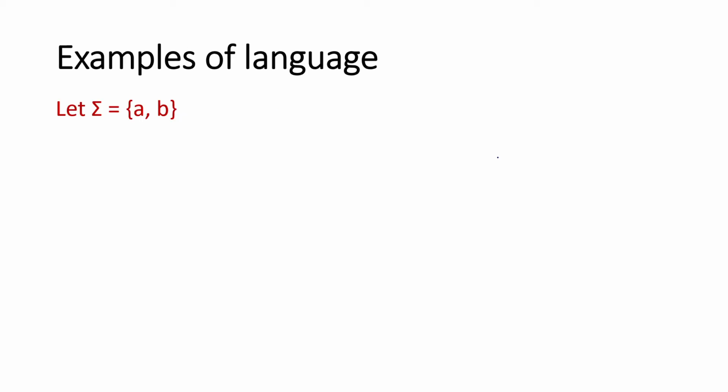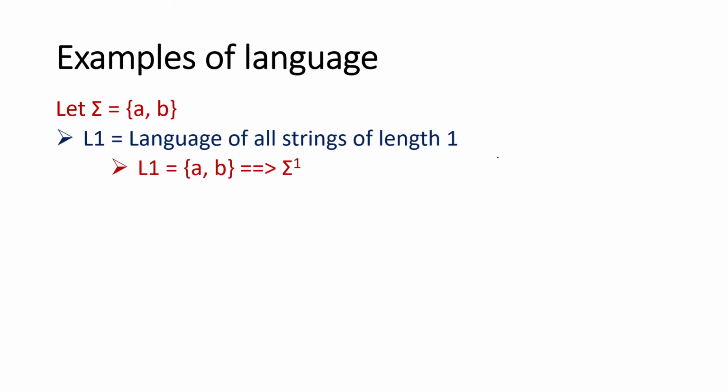For example, if I extend it more, suppose we are planning to create a language whose alphabet is A, comma B. That's all. So C is not allowed, D is not allowed, anything is not allowed other than A and B. And here I can say that suppose I am planning to design a language L1 which says the language of all strings of length 1.